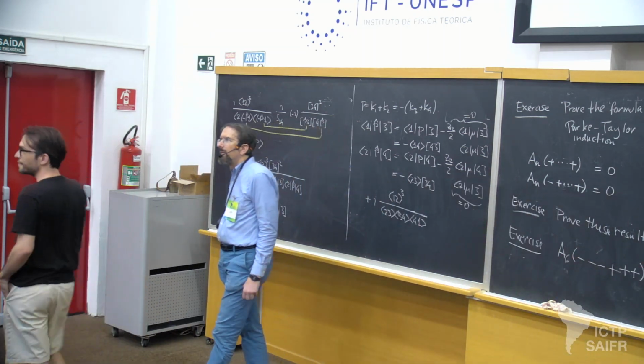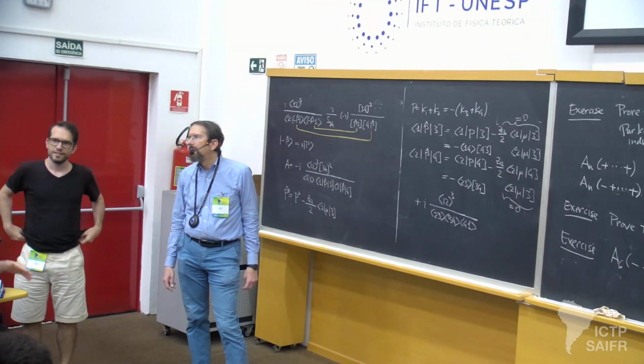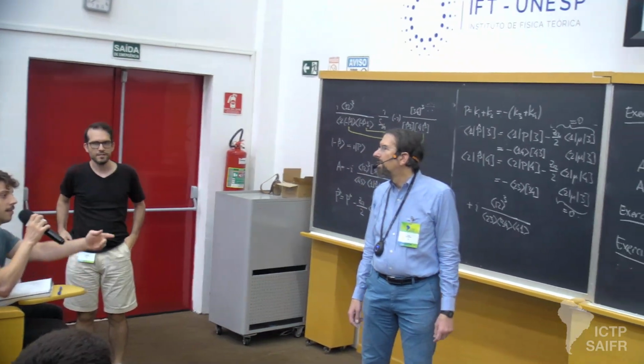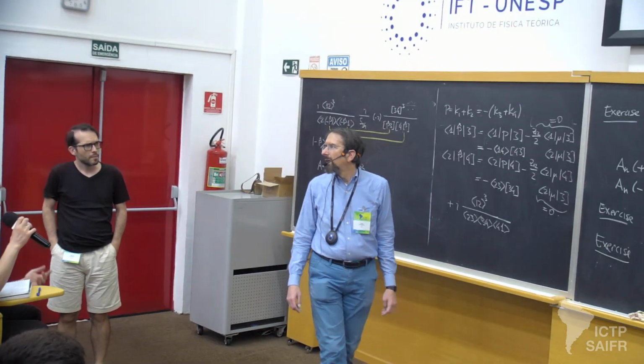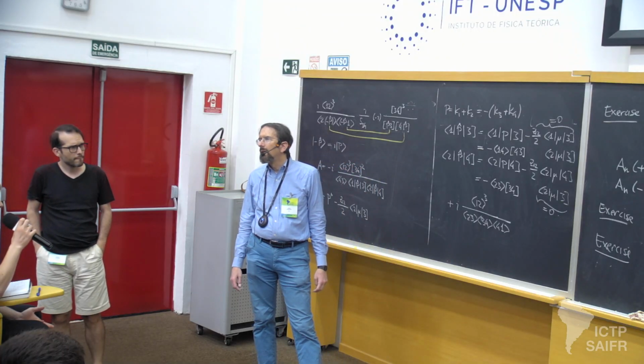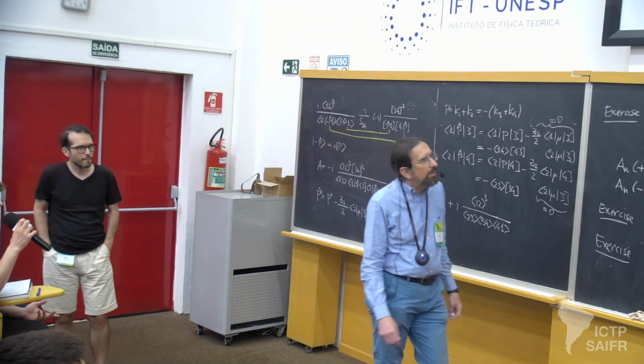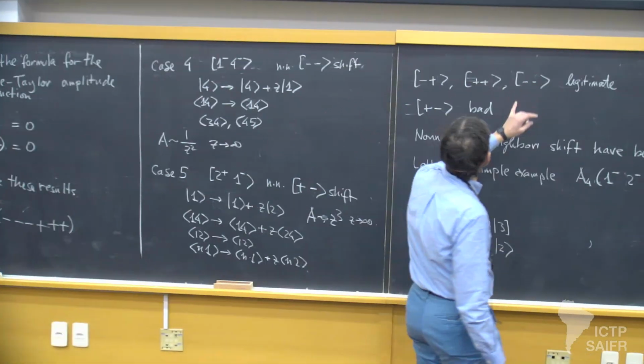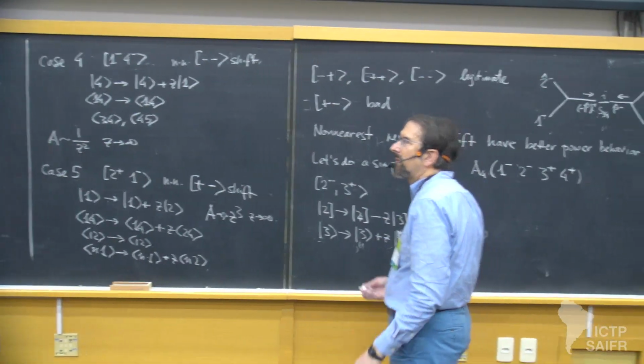You said the shifts keep being good or bad if you go out of the Parke-Taylor formula, but I feel like for example, in this A6, you're going to have the same for minus and plus helicities. So I don't see. I didn't prove that this pattern is legitimate.